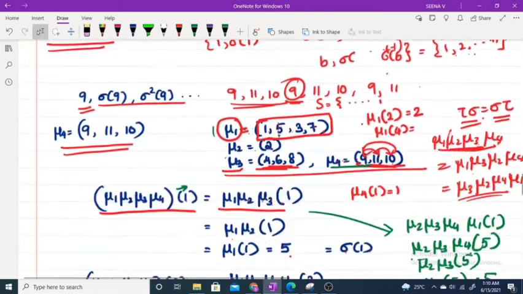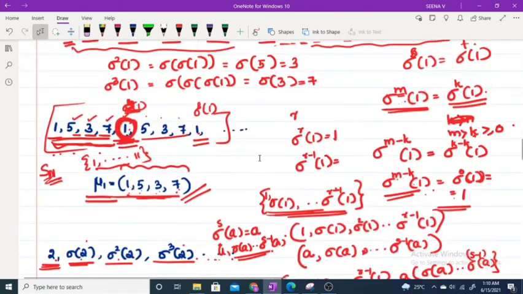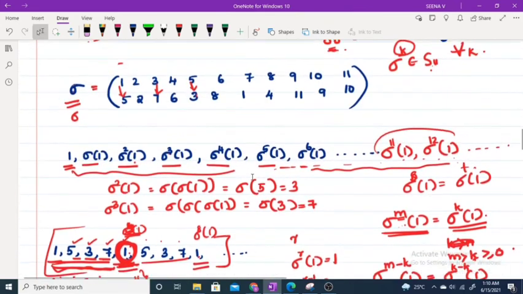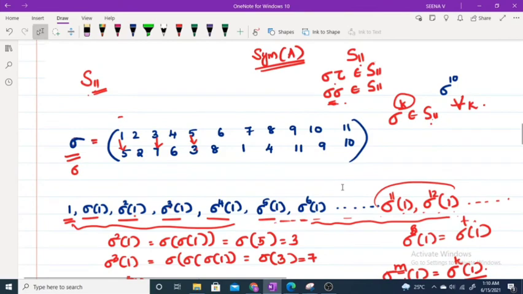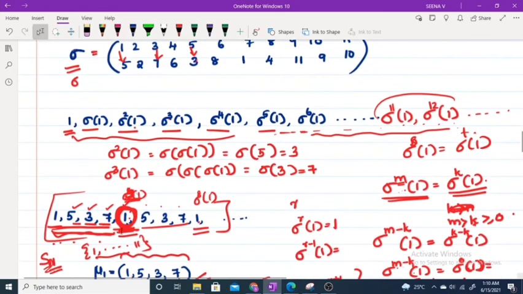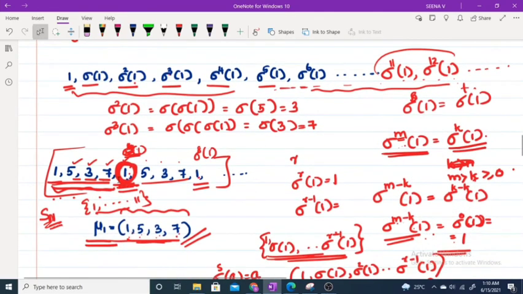Once again I am repeating what we have done in our example. We first choose 1, then apply sigma. At some point this 1 is repeating, and that smallest value we choose as r, and consider the elements 1 up to sigma raised to r minus 1.